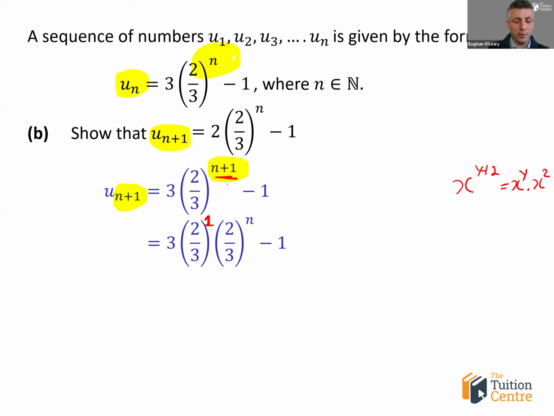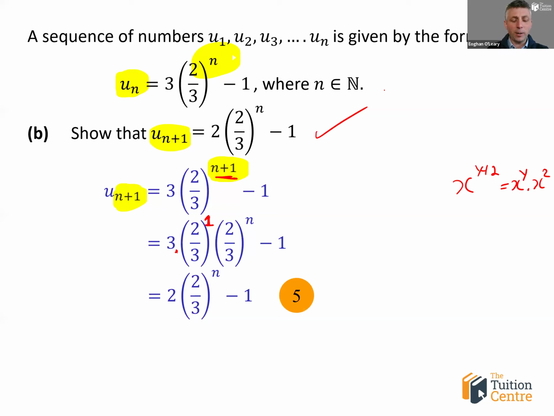And then I'm multiplying that by 3 as I was at the start. I'm still taking my 1 away. 2/3 times 3 is 2. So 2 times 2 over 3 to the power of n minus 1. And that's what we're looking to show it was equal to. And that's for 5 marks.